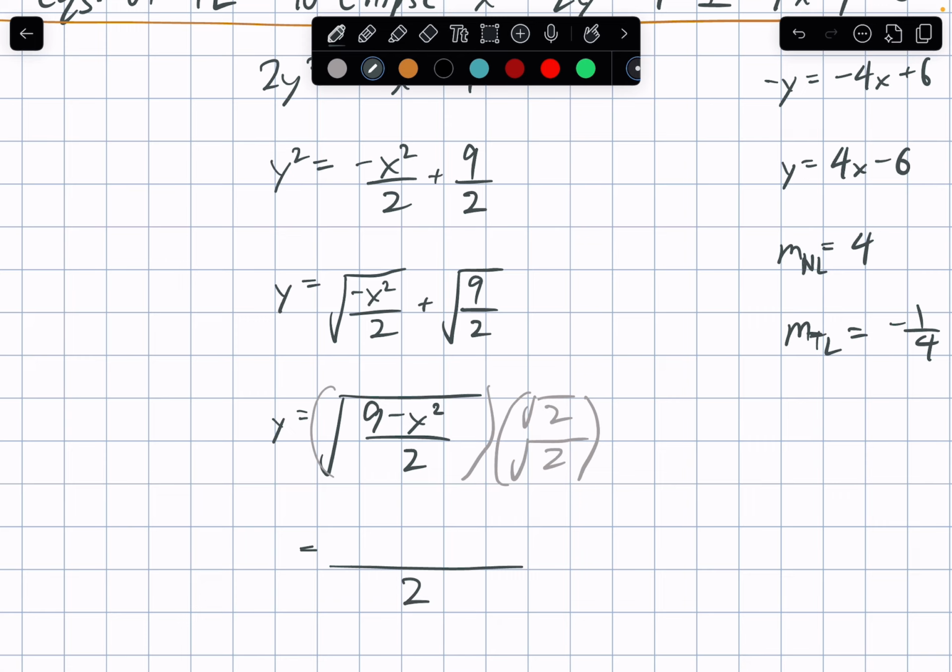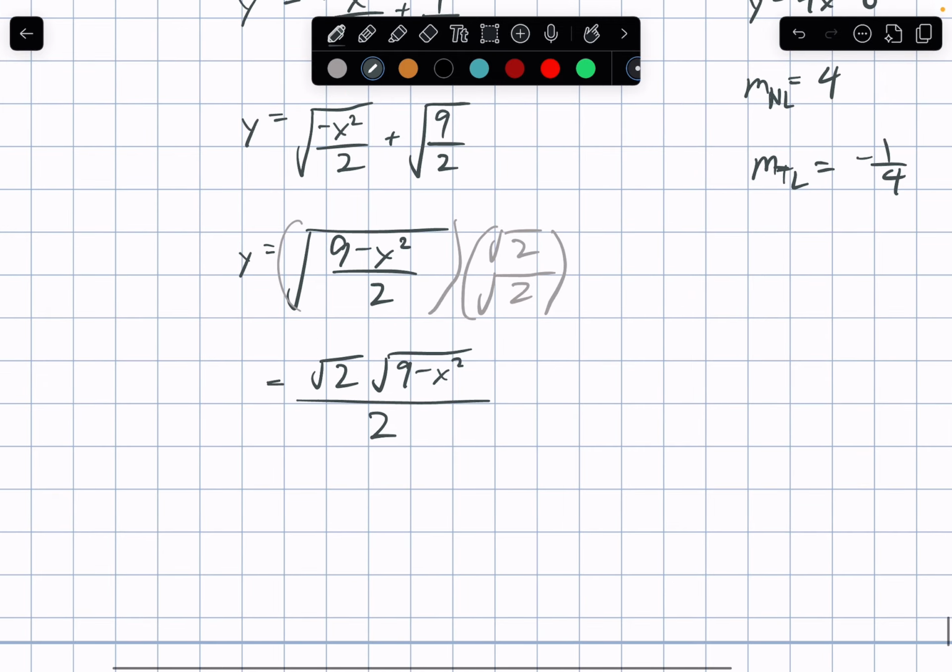So we'll get 2 square root of 2 and like that. And from there, I think we can start deriving.